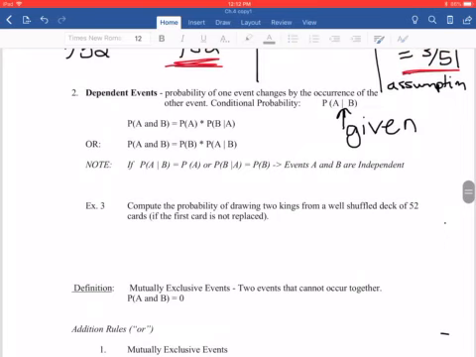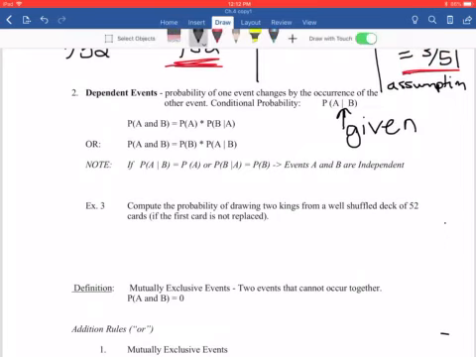In some of the homework, it may actually ask you to determine if they're independent.